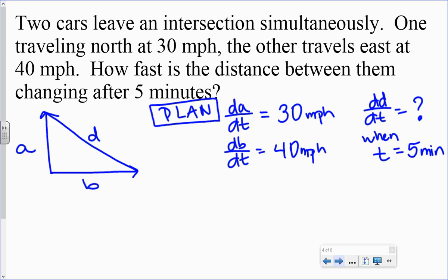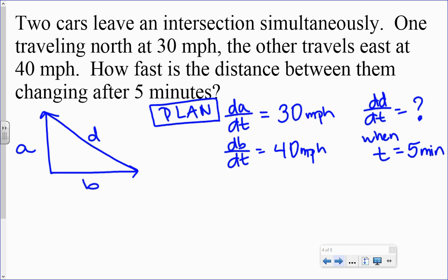Okay, so I have a question. Our rates are in miles per hour. Our time is in minutes. Multiply what by 60? 30 and 40. So you would like to change our rates to miles per minute? Yes. Is everyone okay with that? Then we divide by 60. That's okay. We'll get there.